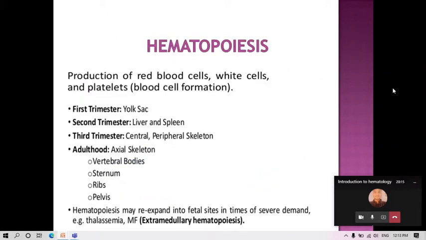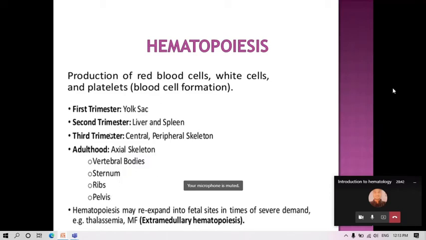Okay, so our first learning objective is that you should know what is hematopoiesis and what is extramedullary hematopoiesis. Hematopoiesis: poiesis is synthesis, and hemato is these blood cells. So synthesis of blood cells is known as hematopoiesis, and in adults it occurs in the axial skeleton, in the vertebral body, in the sternum, in the pelvis.